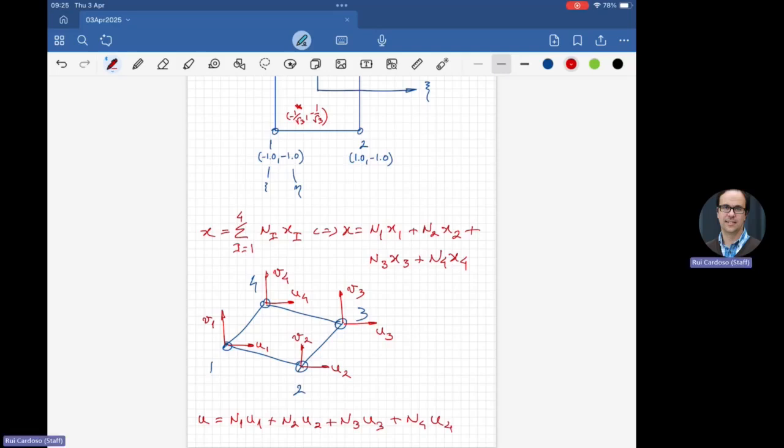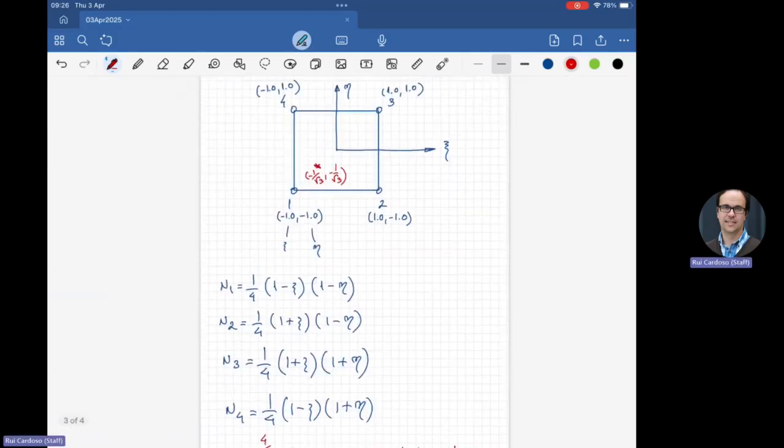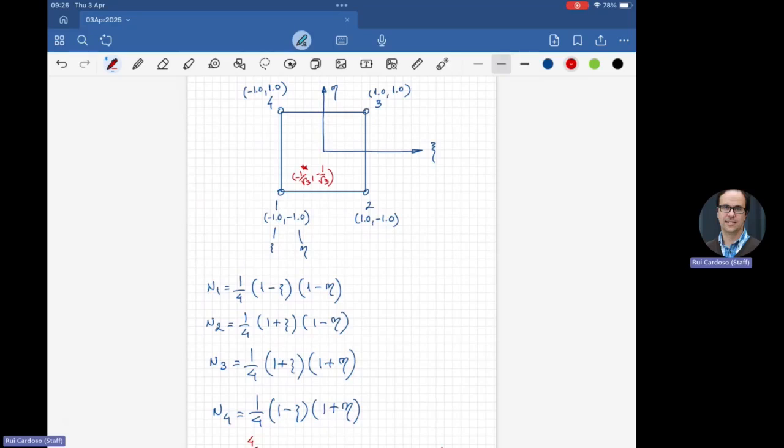Okay, so I can interpolate either the coordinates or the displacements using the same shape functions, defined in the parametric domain, in the form that we have here.